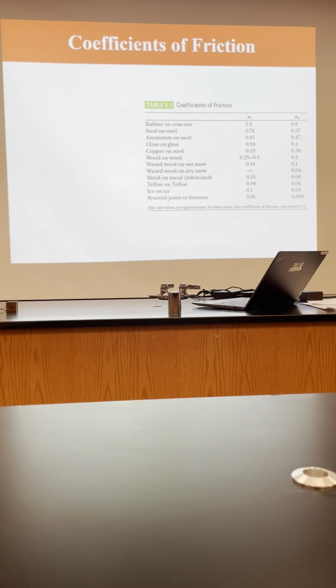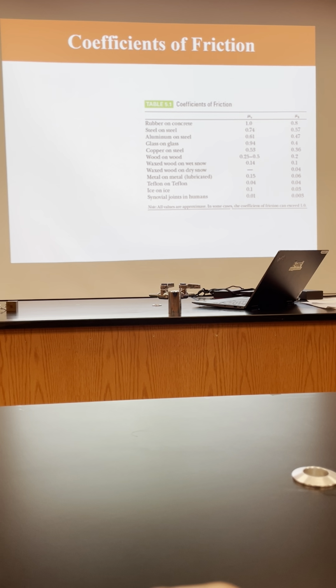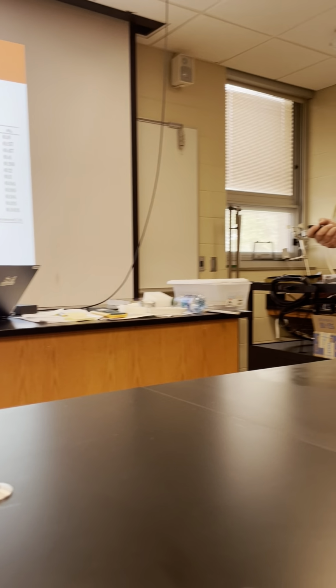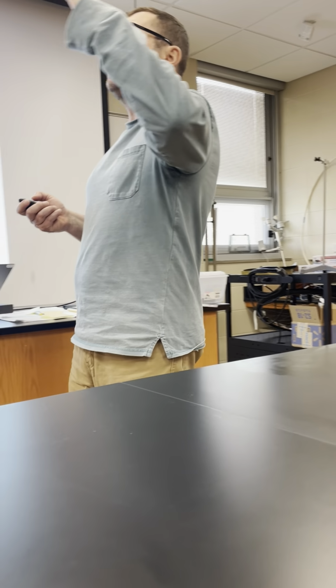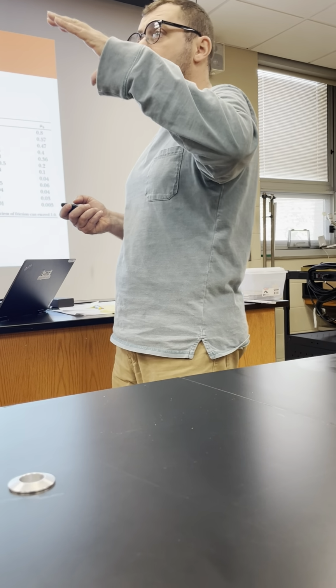If you notice from that table, the static coefficient of friction is always bigger than the kinetic coefficient of friction, because the static friction force is the maximum value, and then whenever sliding starts, the friction force is reduced.